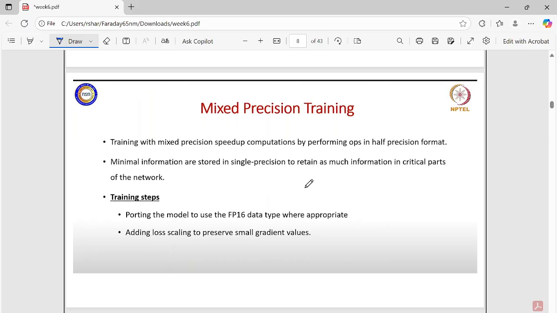Next is mixed precision training. So for example, we said mixing 16-bit floating point and 32-bit floating point arithmetic in neural network training. Here the goal is to speed up the training and reduce the memory consumption while maintaining the model accuracy.